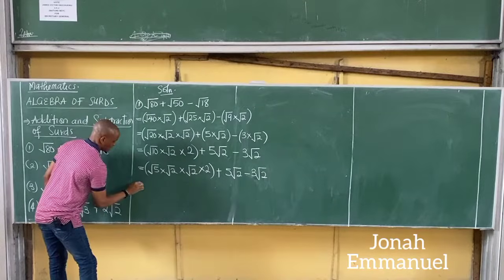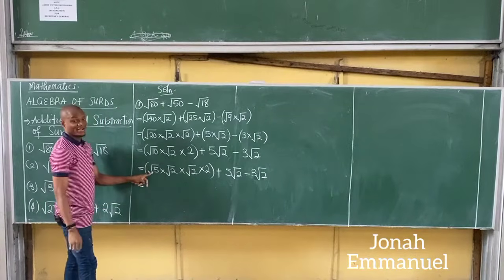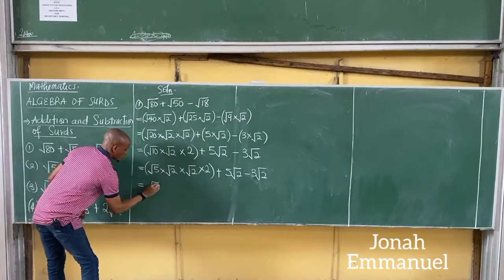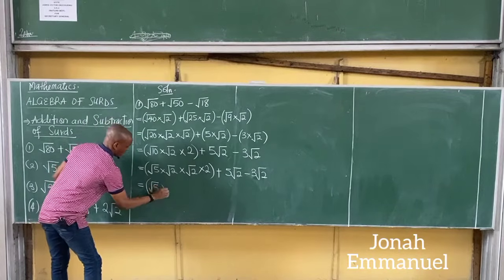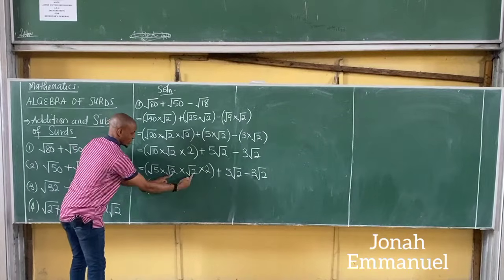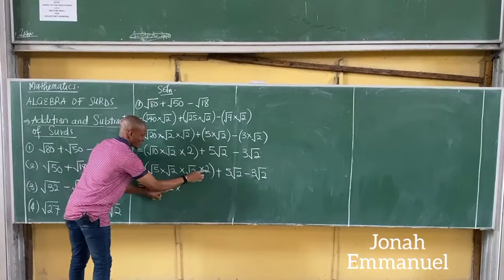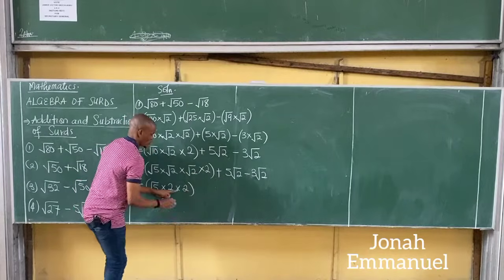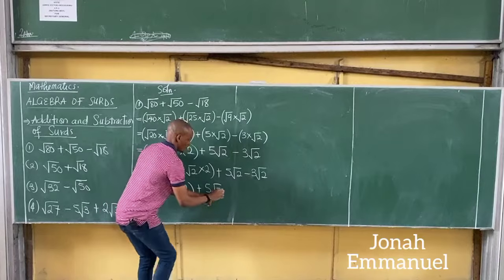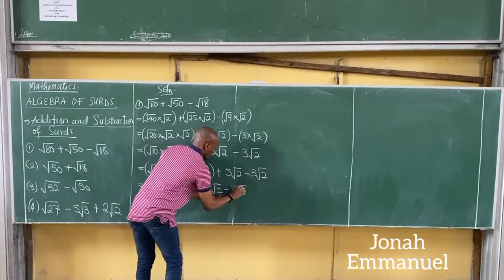Work this out. So it becomes root 5 times root 2 times root 2, which gives you 2. This 2 gives you 2 here. Times, this one comes down here, that 2 plus 5 root 2 minus 3 root 2.